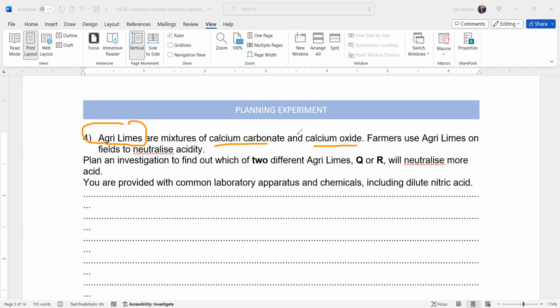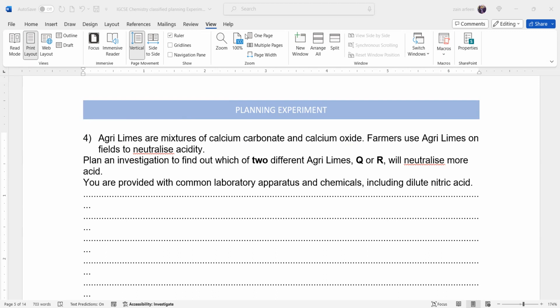So we want to investigate which of the Agri limes is more effective in neutralizing the acidity of the soil. So how can this experiment be done? Remember, whenever acid reactions are involved, the indicator is usually the best thing to identify the end point, because when acid reacts with carbonate, there will be bubbles because of the carbon dioxide.